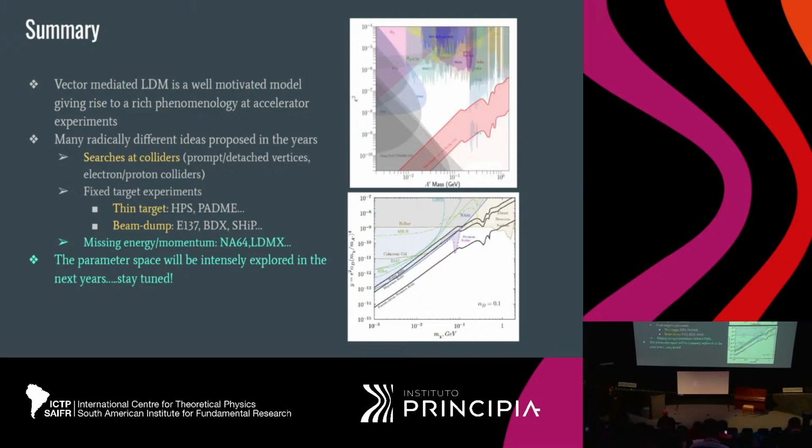The same for thin targets, and we also saw beam dumps, which have this shape due to the fact that they are limited not by the coupling itself in terms of the number of particles produced, but by the fact that the particle decays inside the beam dump itself and cannot be measured. So this is for the visible. For the invisible, we saw the case of BaBar, and for now one of the most important limits set by NA64 in this invisible scenario.